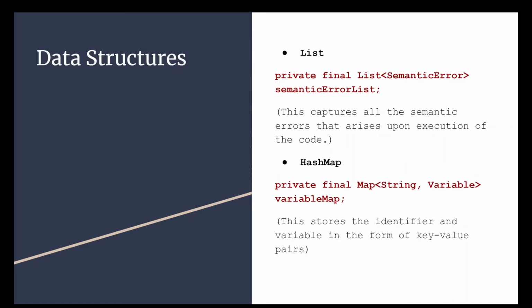The semantic error list captures all the semantic errors that arise upon execution of the code, and we also use a hash map to store the variables, which could store the identifiers and the variables in the form of key value pairs. In that way, we can take advantage of the hash map to easily identify the semantic errors.